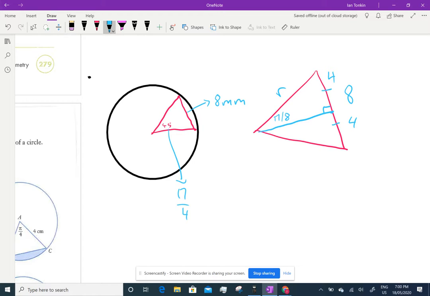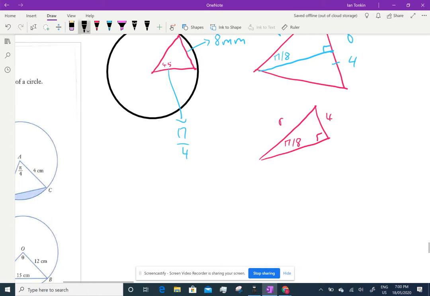So I'm now just going to use that part of the triangle. And remember, I used an altitude. That's 4. That's pi on 8. And this is r. So I'm going to use sine because I've got opposite and hypotenuse. Sine pi on 8.